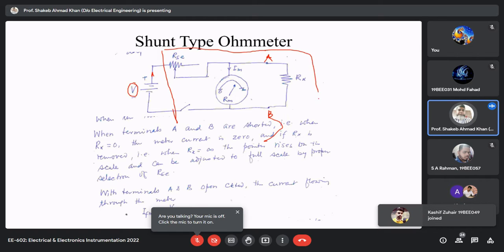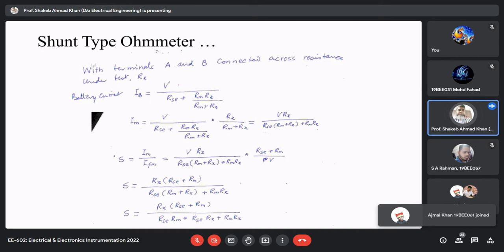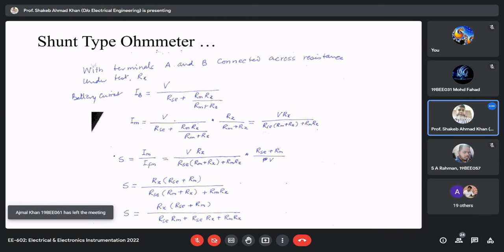So the equivalent resistance will be obviously, these two are in parallel. Your RM and Rx are in parallel, and this parallel combination is in series with the RSC. So that's what I had written here: V upon RSC plus RM Rx upon RM plus Rx.